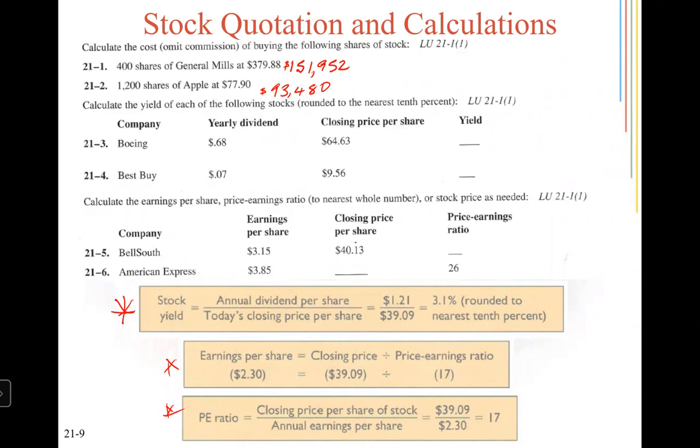And they say you want it to the nearest tenth, so you should just have 1 point after. 0.68 divided by 64.63. Okay, you said 1.1%.